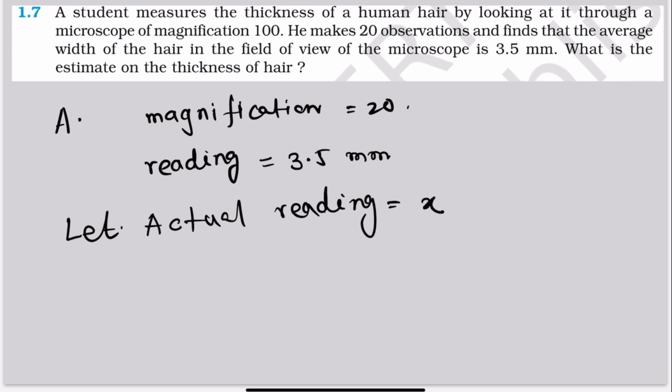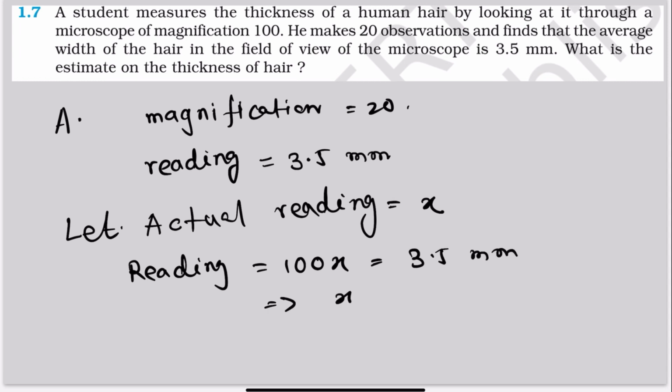Therefore the reading should be 100 into x, which is nothing but this 3.5 mm. Therefore x is equal to 3.5 divided by 100, which is equal to 3.5 into 10 to the power minus 2 millimeter.